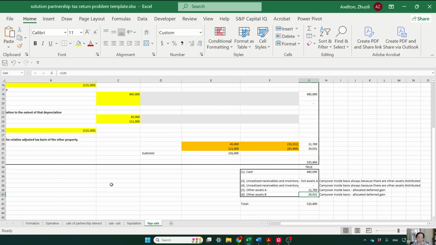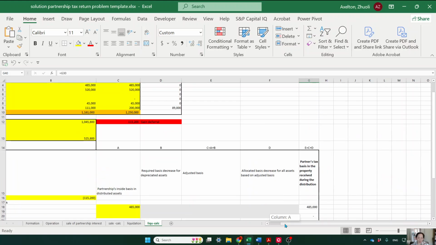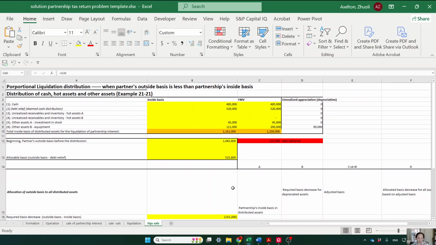So really, depending on the partner's tax situation, he can choose either the sale of partnership interest option or the liquidation of the partnership interest. It really depends on where he's at. In the memo, you do want to outline the implications and think about some of the pros and cons, depending on the partner's tax situation.